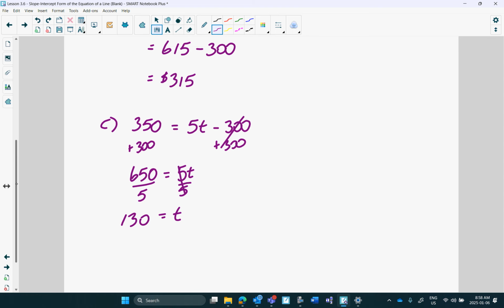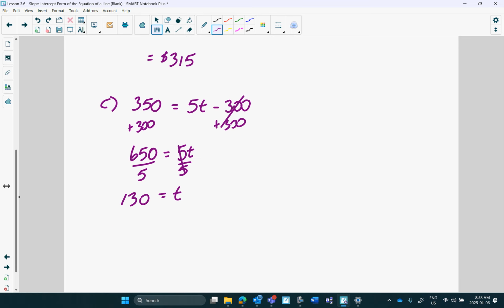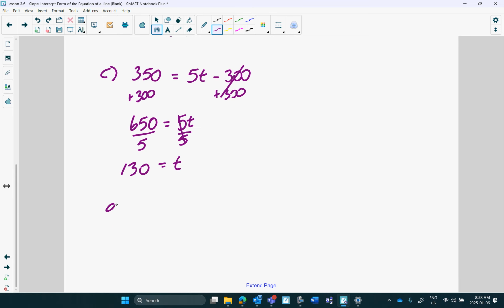And finally, could the profit be exactly $146? Or in other words, how many students attended so that the profit works out to exactly 146?